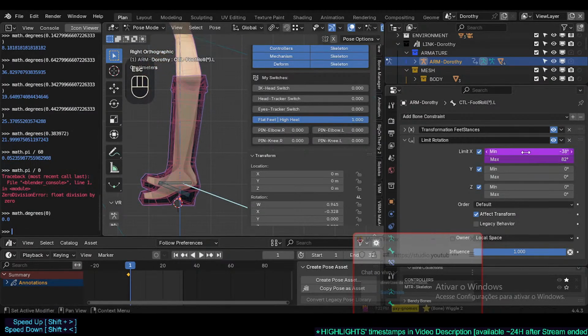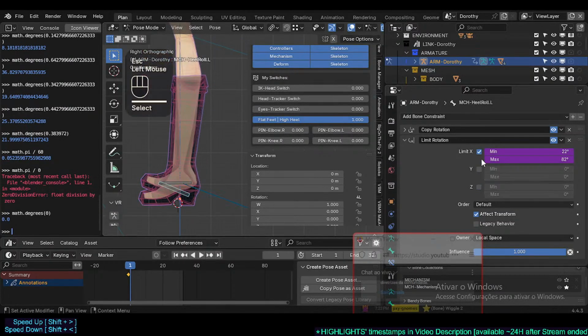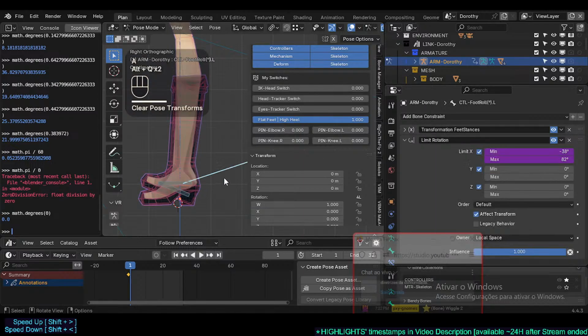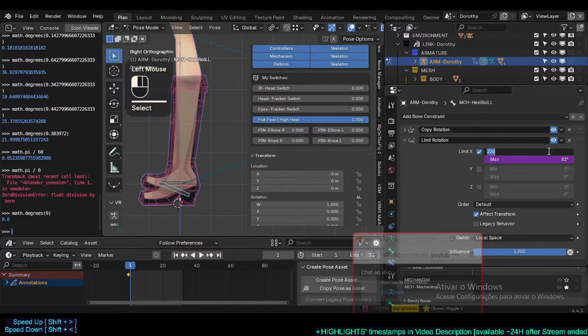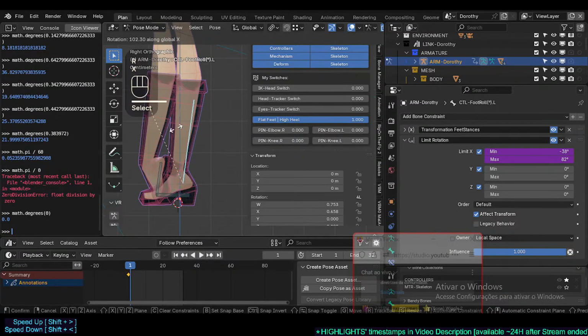Yeah, so this one, maybe it's the, no, it's not here. No, yeah, it's this one indeed.